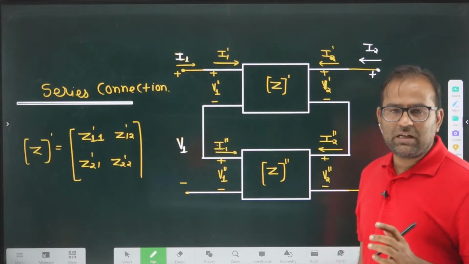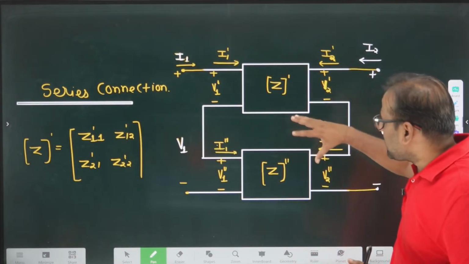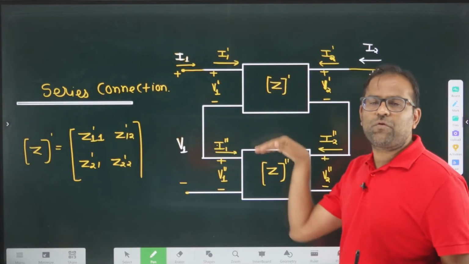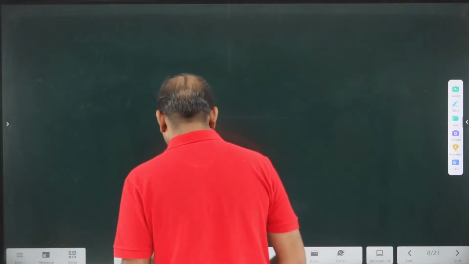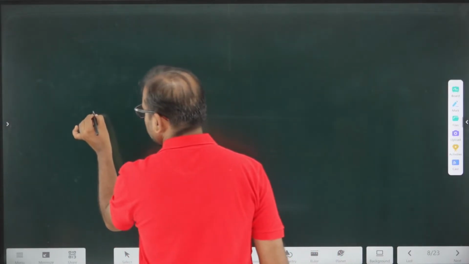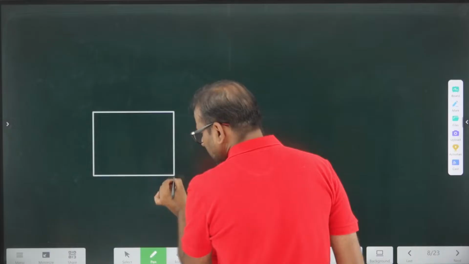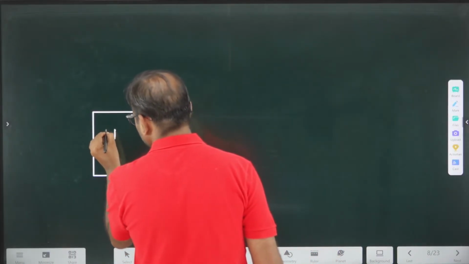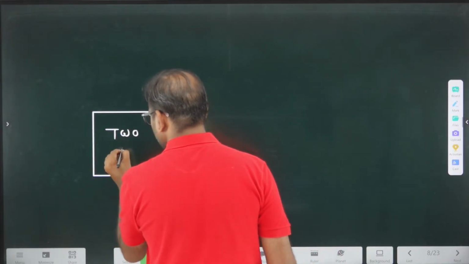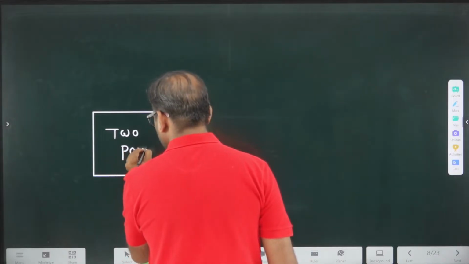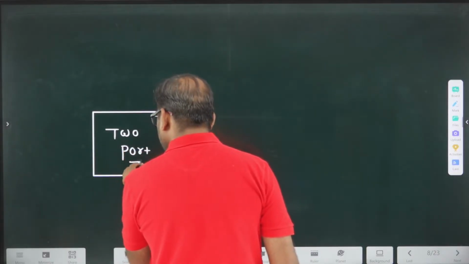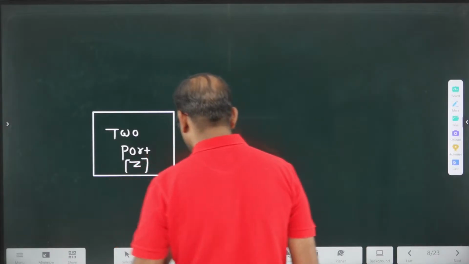So we are interested in how we can represent the combination of two port networks as a single two port network. Means I want the equivalent of this. Suppose if this is a two port network, what is the equivalent Z parameter of this two port network?